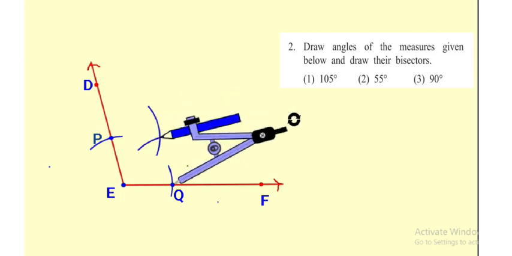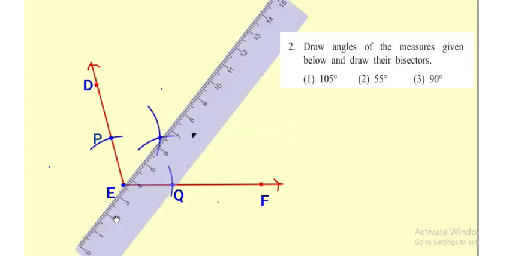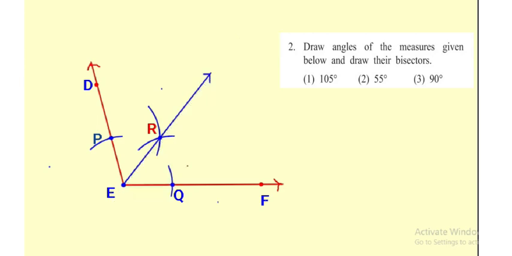Take R as the point of intersection. Follow the same process for the sub question 2 and 3.